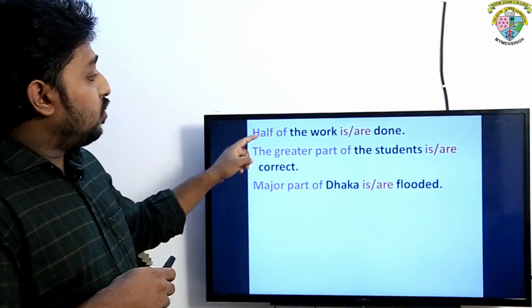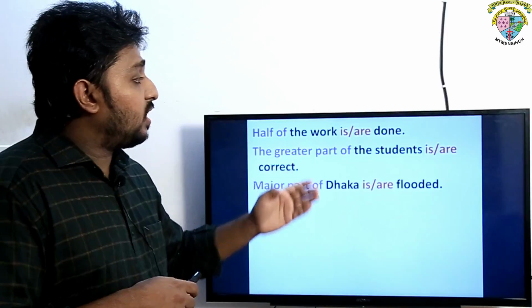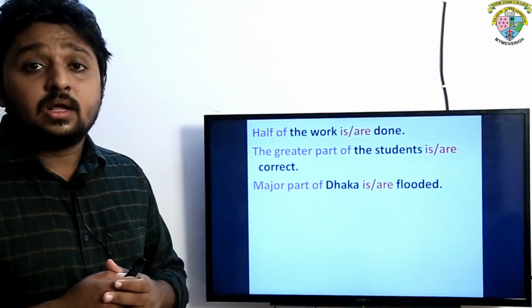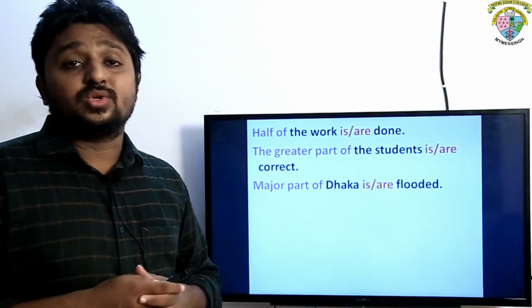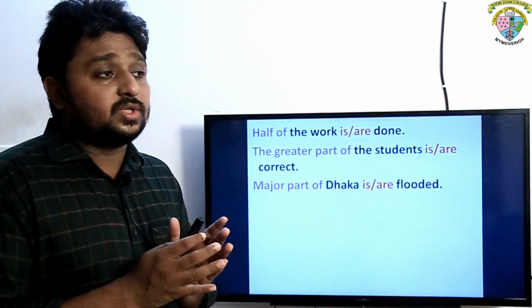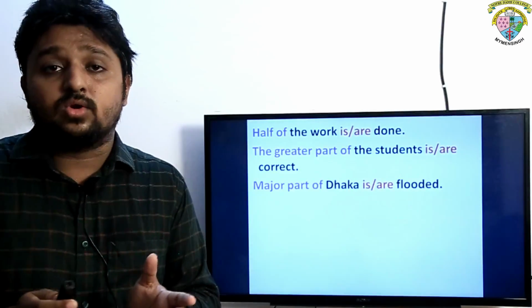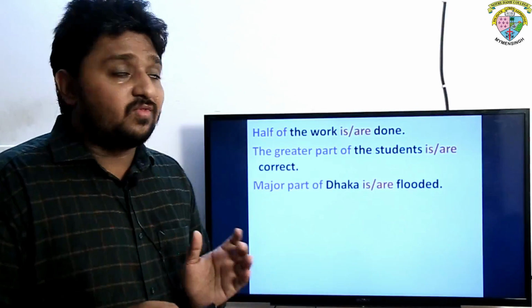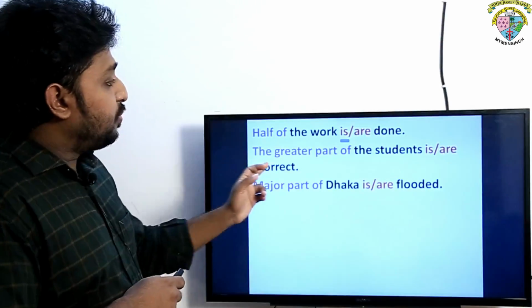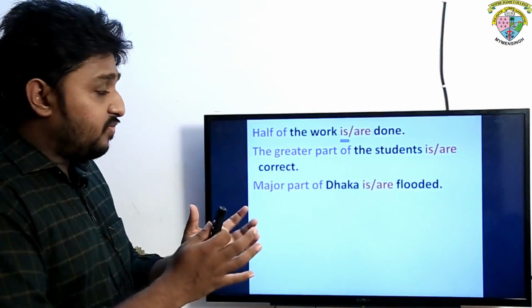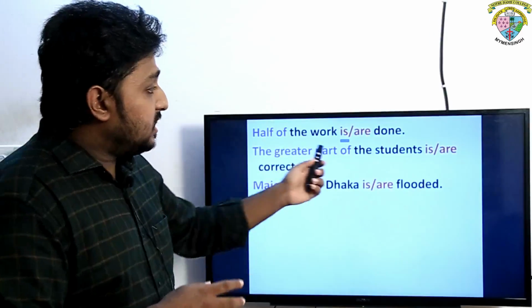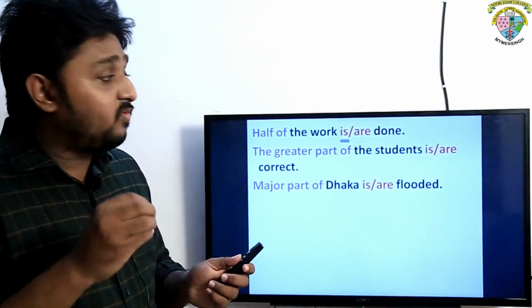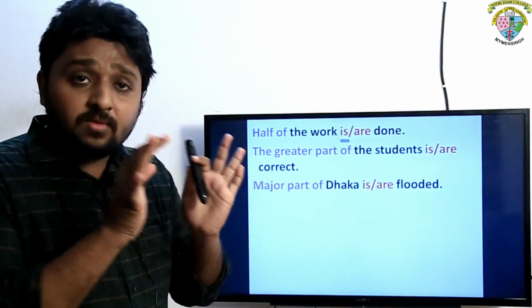In the first one, look, half of is placed before an uncountable noun. So the verb should be singular, because we have to remember that an uncountable noun always receives a singular verb. So the correct answer should be is. There is no effect for half of or the greater part of, because here the verb will follow the subject.